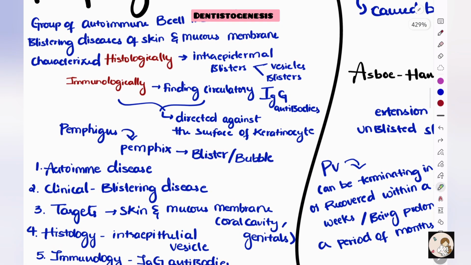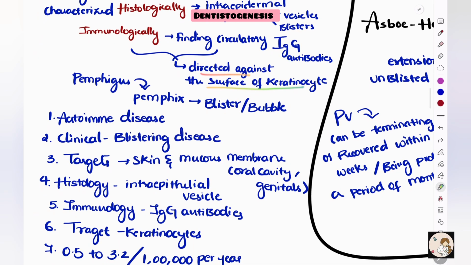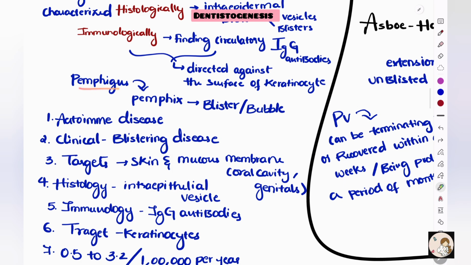So immunologically, pemphigus is IgG mediated: circulating IgG antibodies in the body are directed against the surface keratinocytes. The word pemphigus comes from pemphix, which means a blister or a bubble.